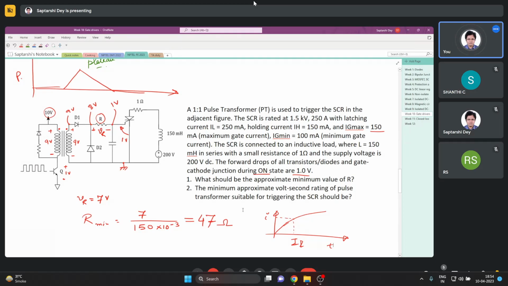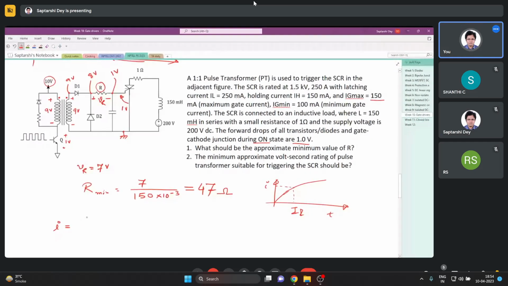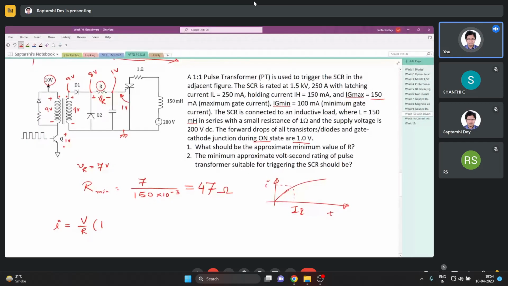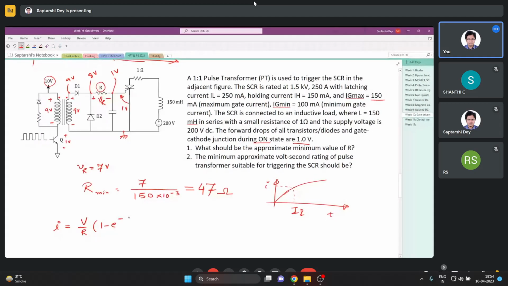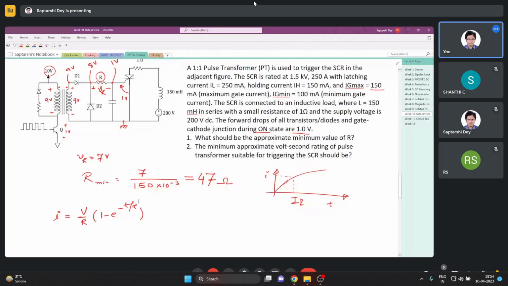Now this is easy. You already know equations. So what does the current look like? It is V by R times 1 minus e to the power minus t by tau, right?